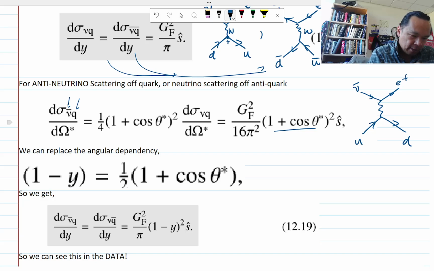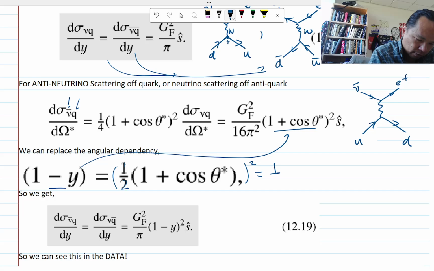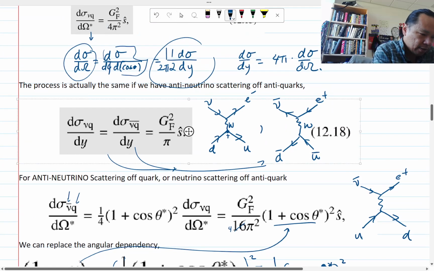Okay. Luckily, what you can do is 1 minus y is equal to 1/2 times 1 plus cosine theta. So you can just make the substitution in here. Since we're squaring this, this is 1/4 of 1 plus cosine theta in the center of mass squared. So therefore, you're replacing a factor of 4 down here also. And remember the conversion from d omega to dy, there's a factor of 4 pi.